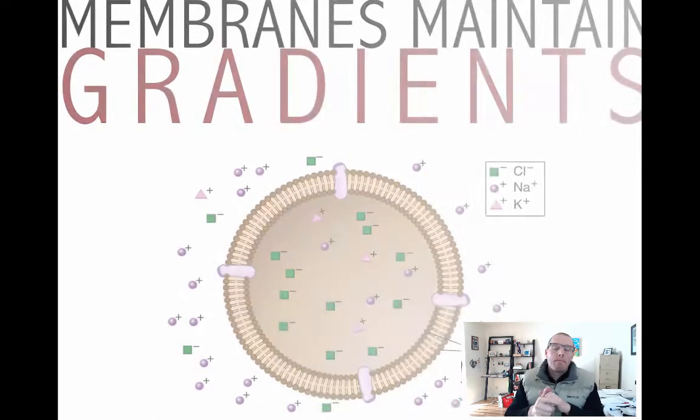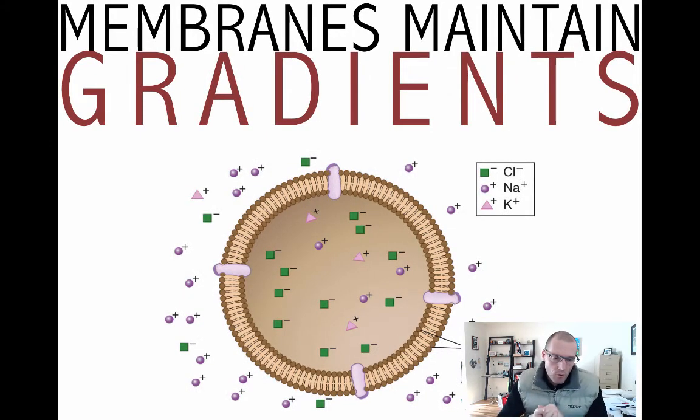So what other kinds of gradients can we get? Here we're looking at ions, and if you pause the video and count out the number of ions, you'll see that there are more positive ions outside the cell and more negative ions inside the cell.